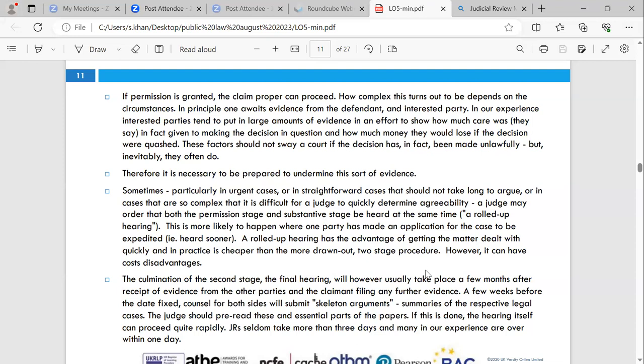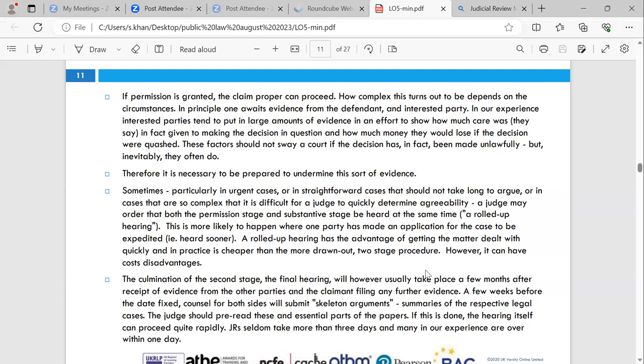In our experience, interested parties tend to put in large amounts of evidence in an effort to show how much care was, they say, in fact given to making the decision in question and how much money they would lose if the decision was quashed. These factors should not sway a court if the decision has in fact been unlawful, but inevitably they often do. Therefore, it is necessary to be prepared to undermine this sort of evidence.